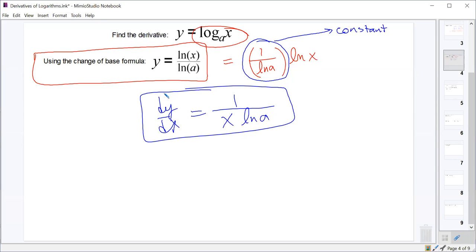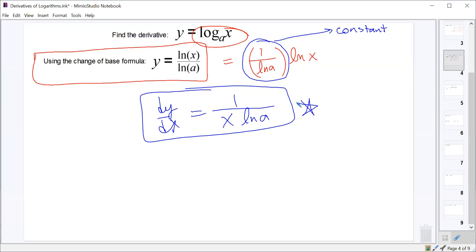So the derivative of log base a of x is just 1 over x natural log a. Good or no? Good. Great.